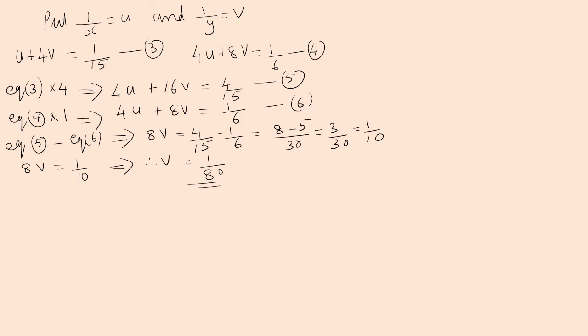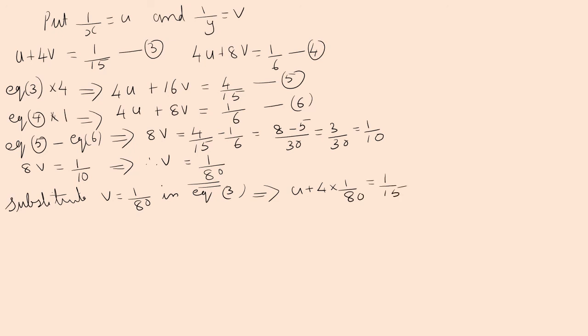Now you have to substitute v equal to 1 upon 80 in equation 3. So we are getting u plus 4 multiplied by 1 upon 80 equal to 1 upon 15. That is, cancelling the terms, you are getting u plus 1 upon 20 equal to 1 upon 15.